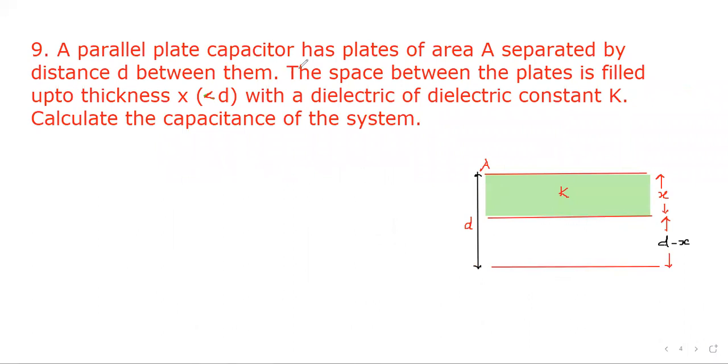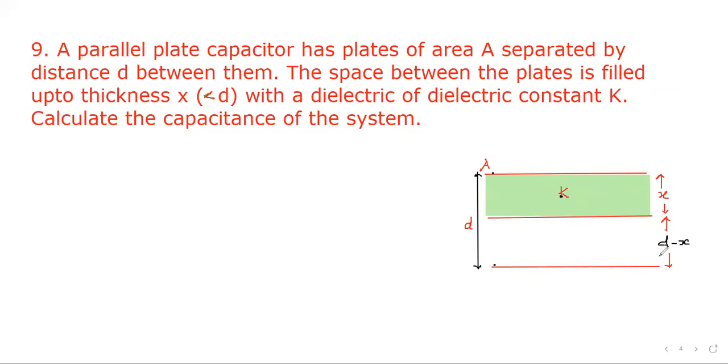A parallel plate capacitor has plates of area A separated by distance d between them. The space between the plates is filled up to thickness x, less than d, with a dielectric of constant k. Calculate the capacitance of the system. Here, these are two plates. Up to here, the space is filled with dielectric constant k.